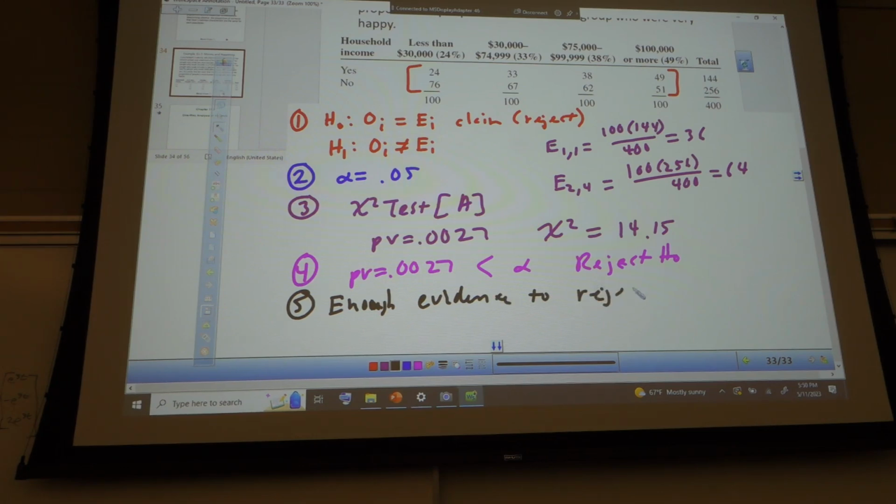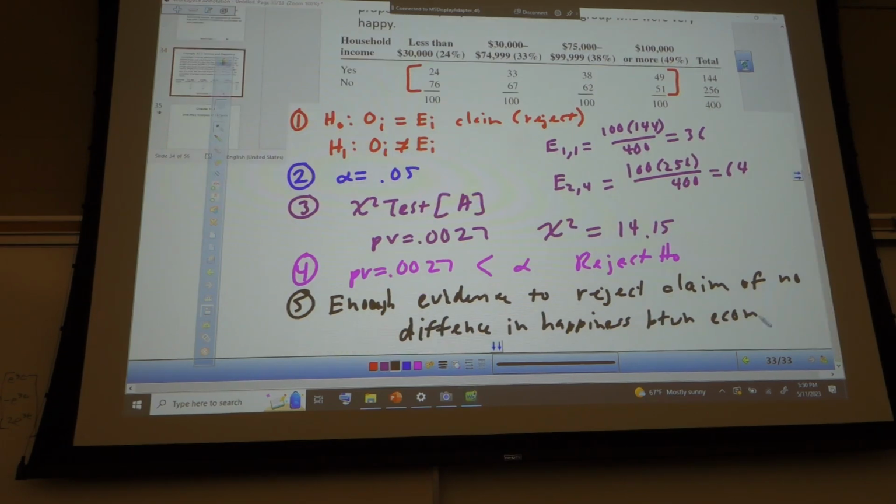Reject the claim of no difference in happiness between economic groups. Is that right? Do they call it economic groups? Economic groups. Good? All right. Perfect.